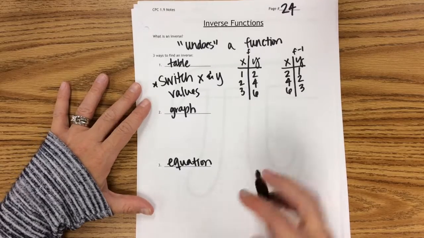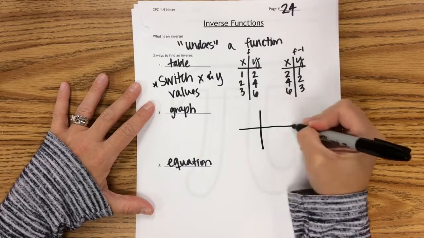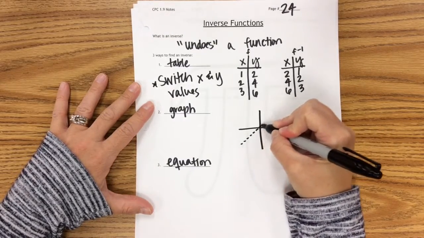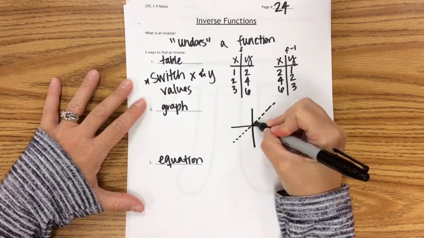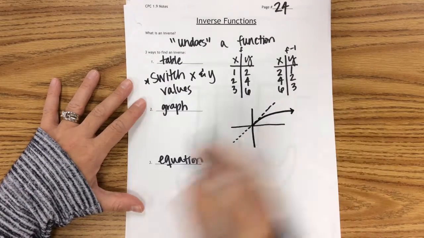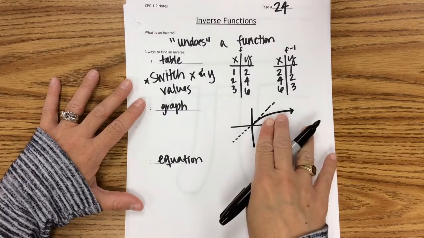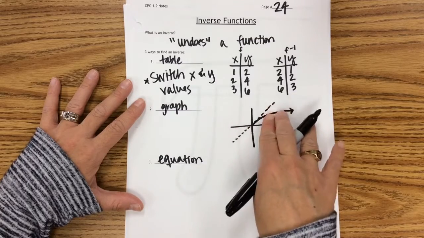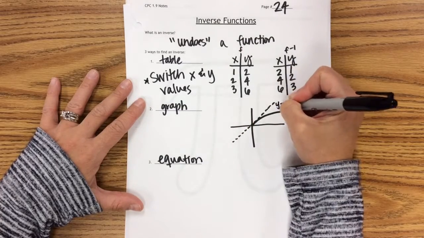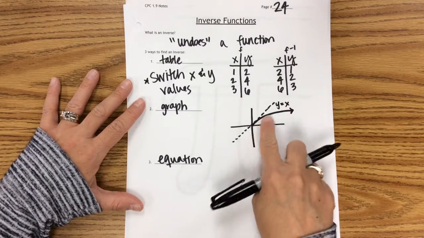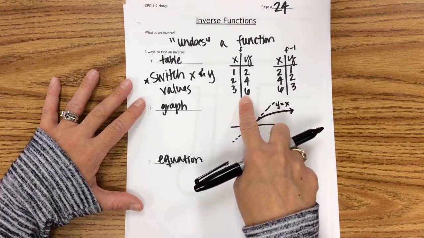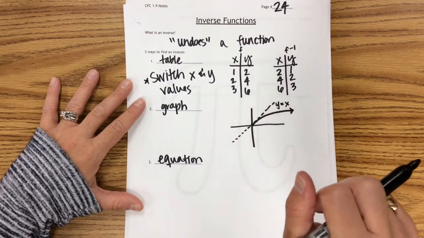Okay. Graphically, if you have some function, I'm going to do this equation. If you reflect it across the inverse line, this inverse line happens to be the equation y equals x. If you take this function and reflect it, that would be the inverse of it.